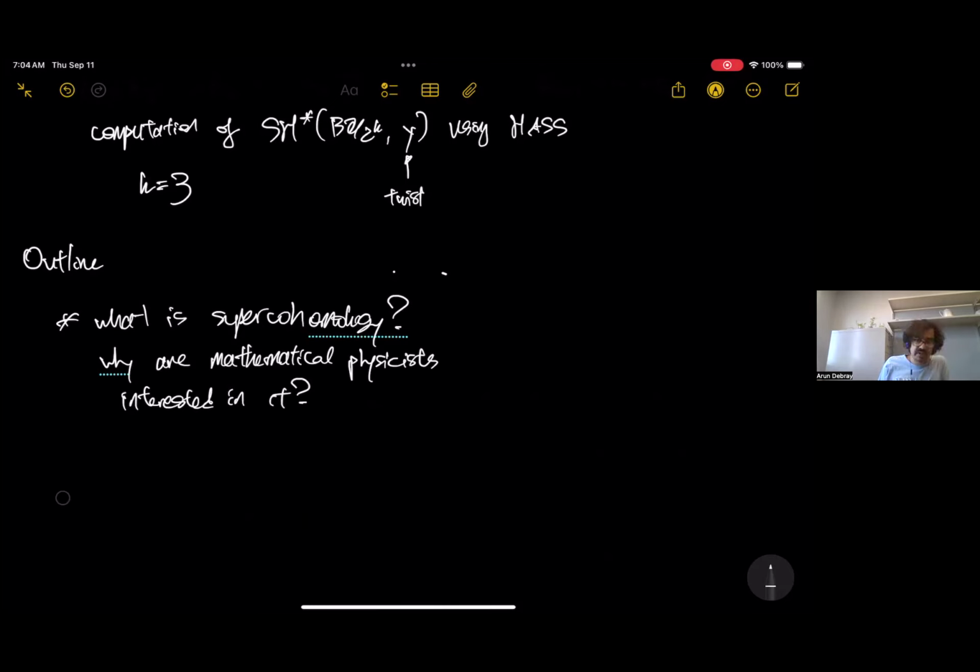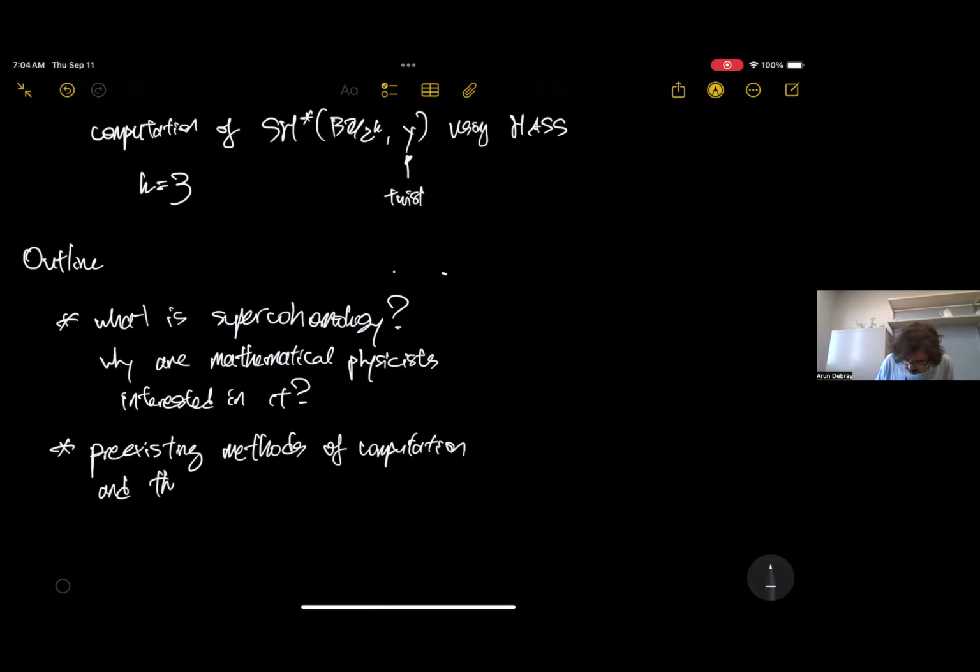And then, why are people interested outside of homotopy theory? I'm going to tell you about how people previously computed this before our work, which, to be clear, is work to appear, but that we're finishing up. So what did people do before this? And what motivated us to go in and really do something new?